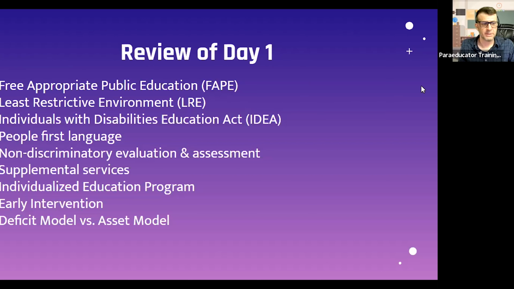All right. And flowing from people first language, we have the deficit model versus the asset model. In other words, representing with language folks with exceptionalities, right? With, it's an asset.